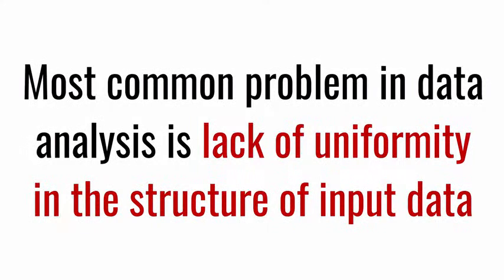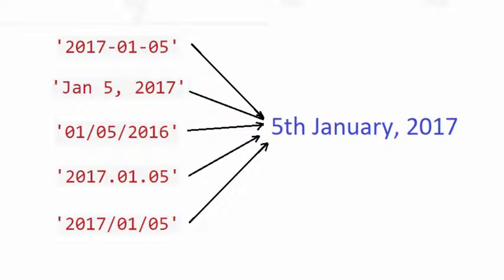For example, 5th January 2017 can be represented in all these different formats, and many times when you're processing data, it can come in any of these string formats, and the challenge for you is to convert it to a common concept called 5th January 2017 as a datetime data type. I'm going to show you how you can use the toDateTime function to perform this conversion.